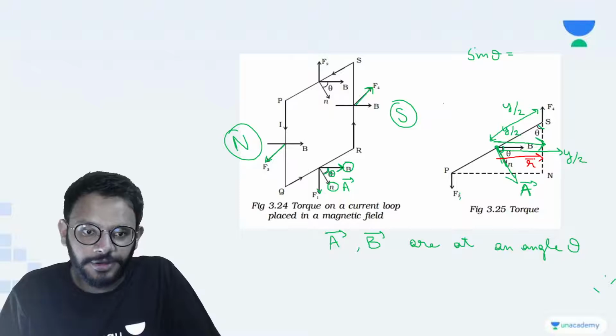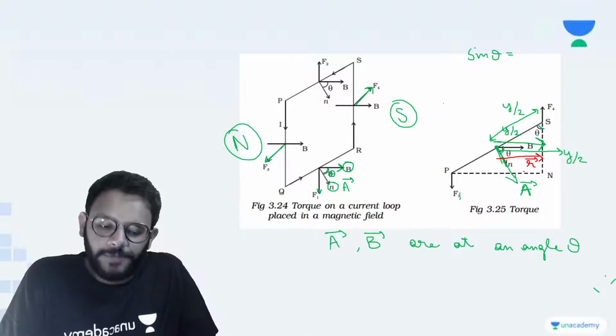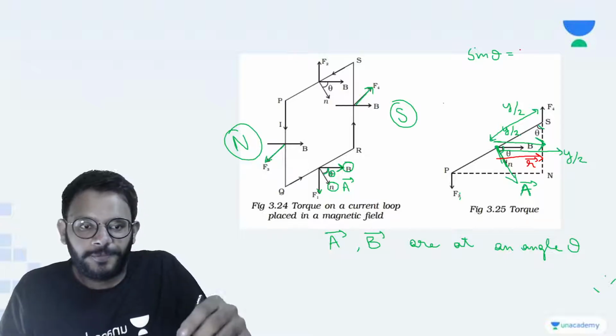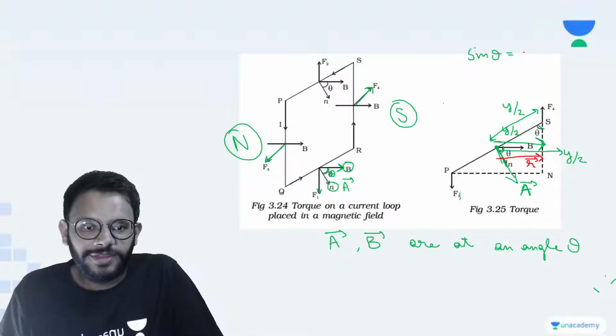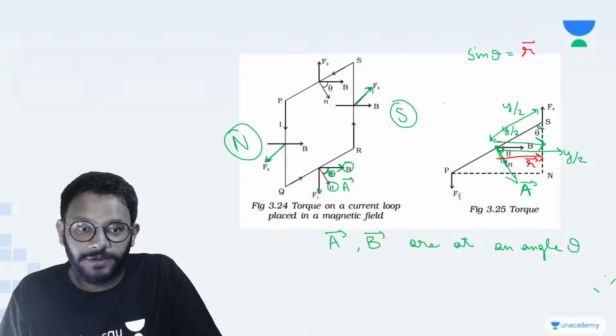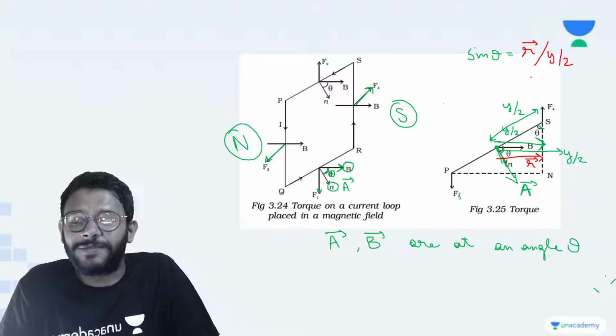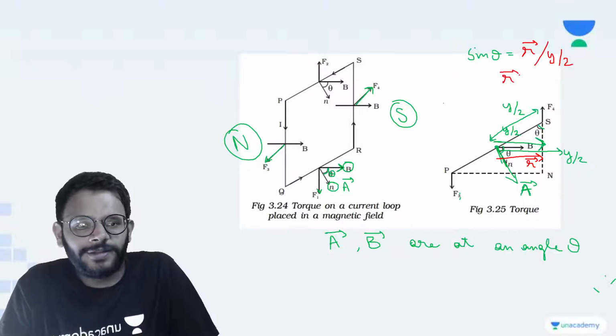This is my R vector, because of which the torque is acting on that circular framework. So sine theta is the opposite side, the R vector which I need to find out, upon the hypotenuse, which is y by 2. So sine theta is R upon y by 2, and the R vector is simply y by 2 into sine theta.